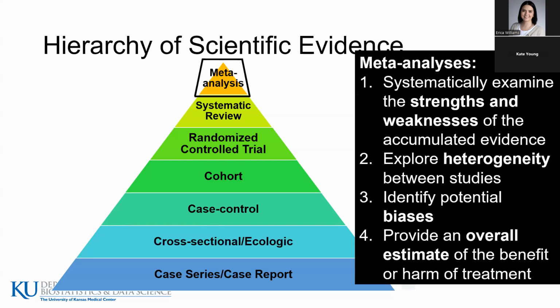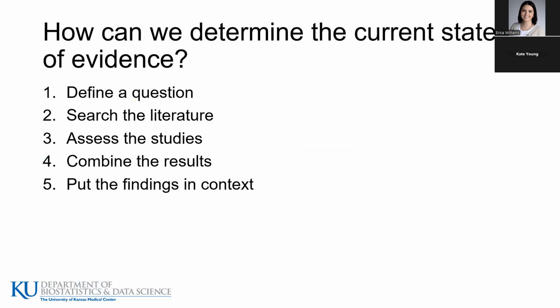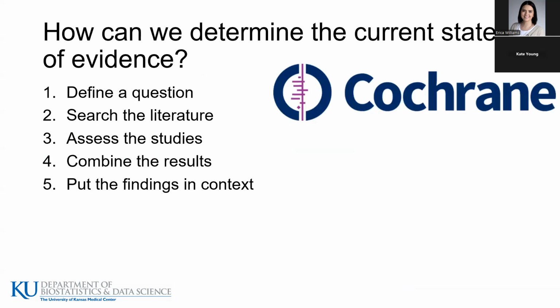So meta-analyses systematically examine the strengths and weaknesses of the accumulated evidence from randomized controlled trials. They can explore the heterogeneity between studies. They can identify potential biases, and they can provide an overall estimate of the benefit or harm of a treatment. So how can we determine the current state of evidence?